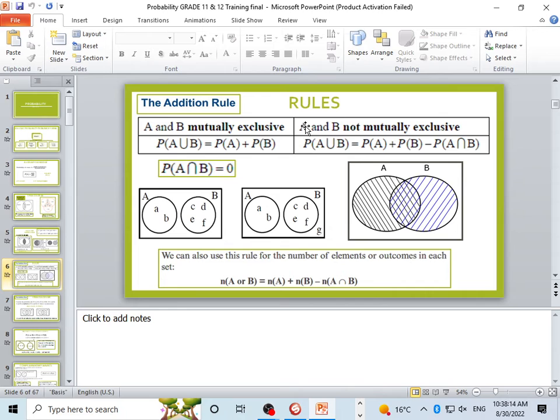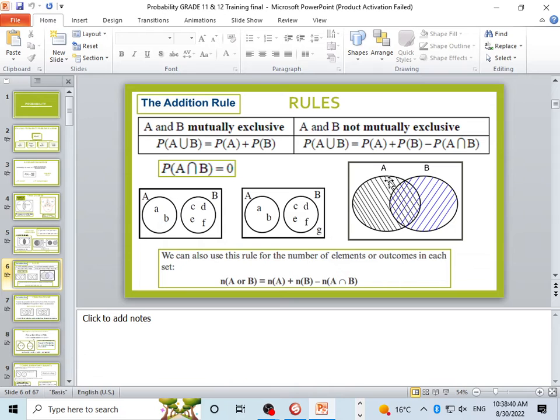This one, A and B are not mutually exclusive. We call it inclusive events. So what the sum is here, if I want to know how many learners have got maths or accounting, you can just take the number of maths plus the number of accounting. It will give you the total number of maths or accounting.